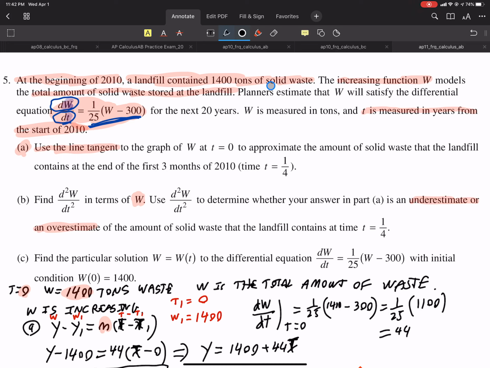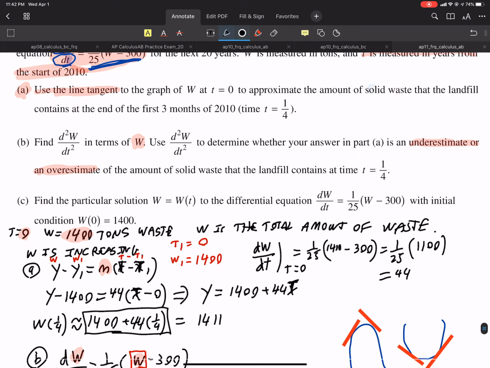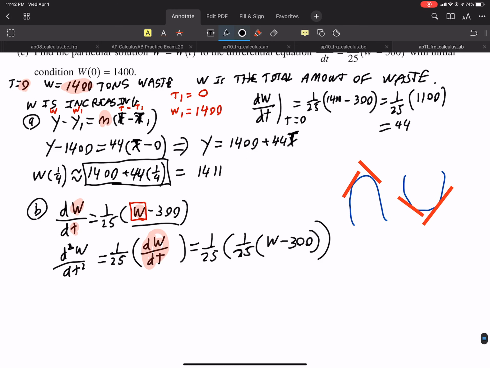But here's the next key thing. It's increasing. So if it starts at 1,400, it's increasing. It's always bigger than 1,400. So that's why we wrote this down. W is increasing, and it starts with 1,400.